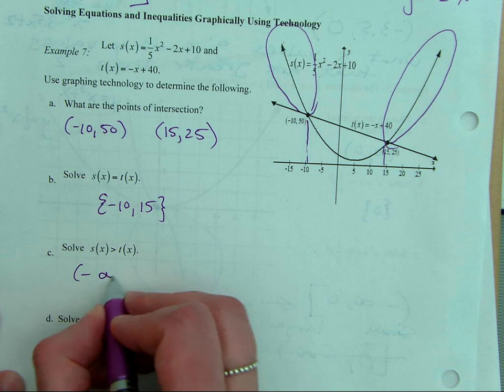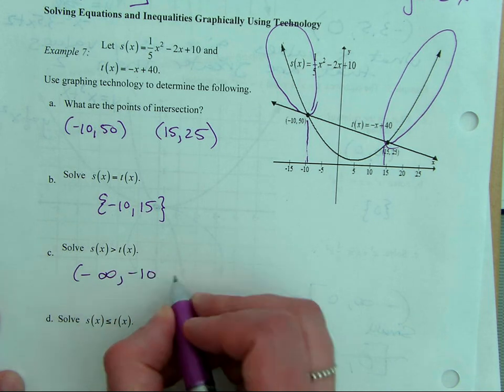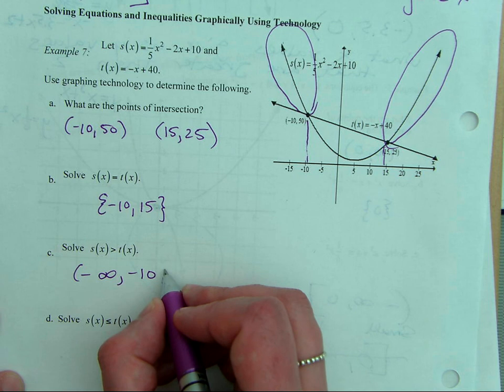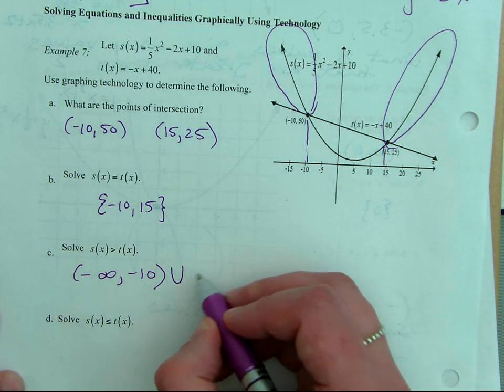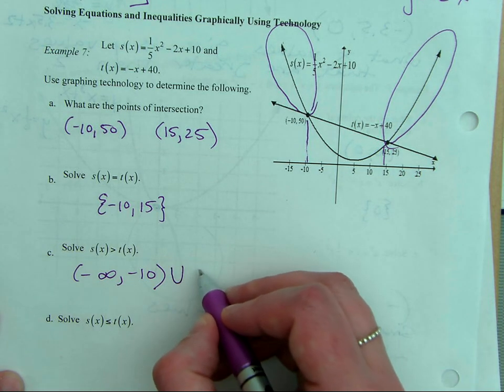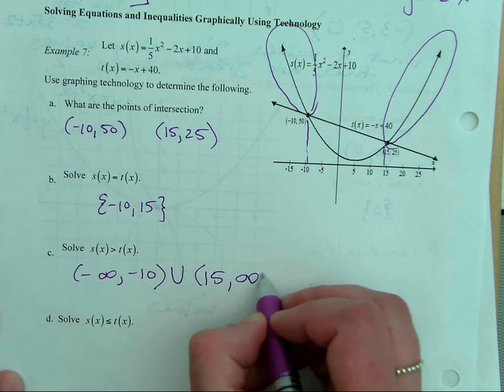Negative infinity to negative 10. Should I include the negative 10? Because of the greater than, not equal to. Union, and what's the next interval? Yes, 15 to infinity. Thank you.